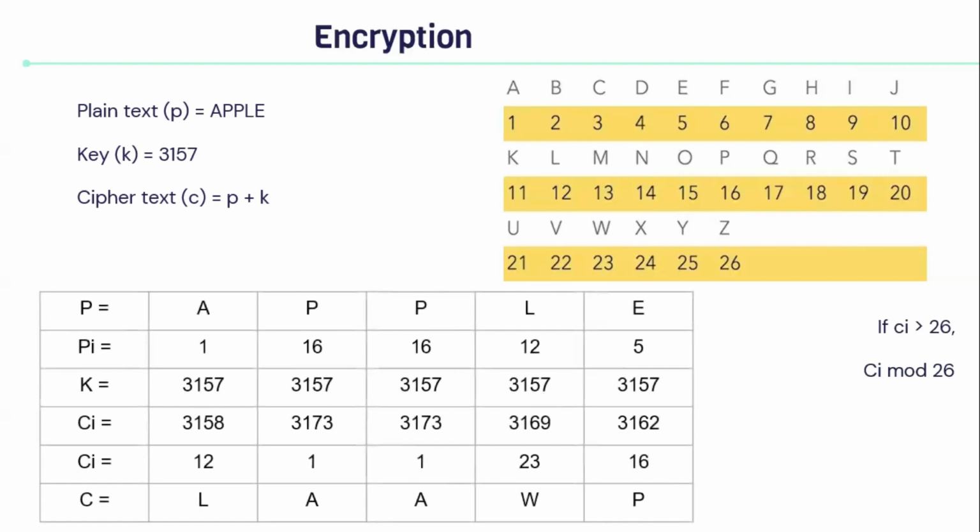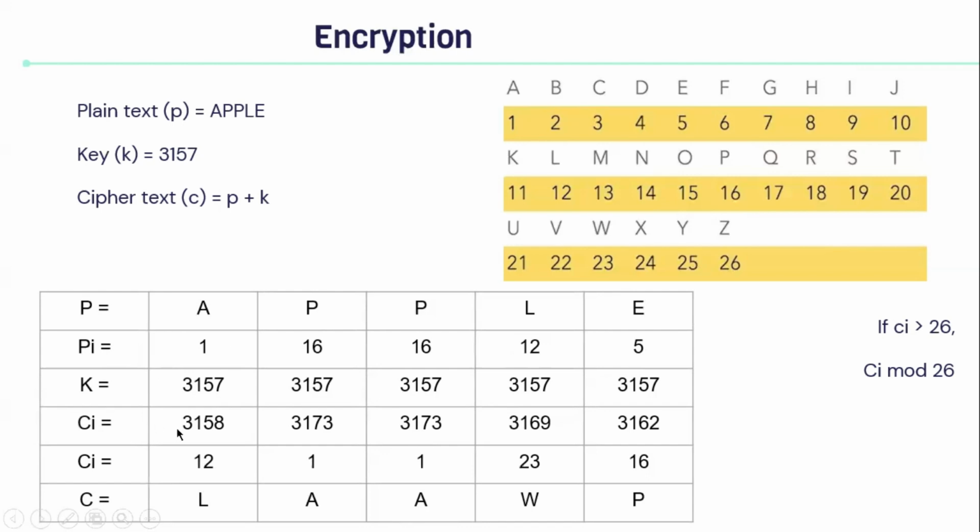So here is the same apple example, but the key is different. Here we have the plain text apple, the plain text index, the key value, which is 3157, then the ciphertext index, which is the summation of plain text index and the key value.